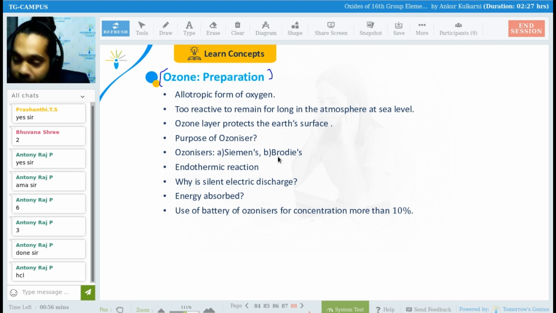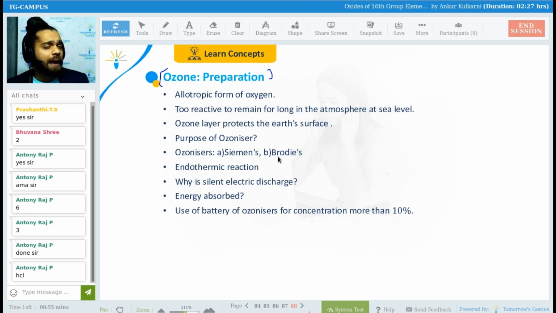It protects us from the UV rays. Yes, it filters out the UV rays, correct. Perfect.